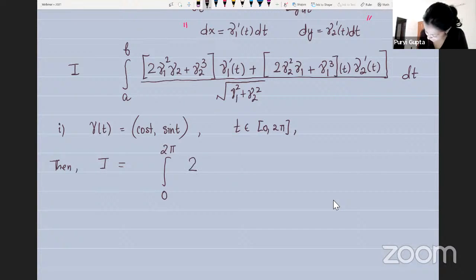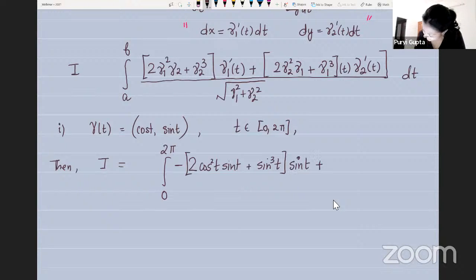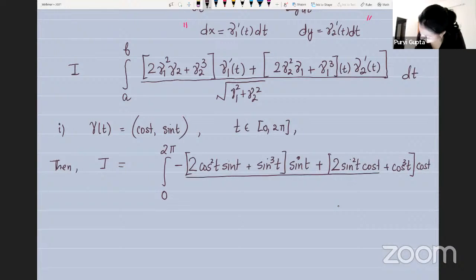So I'll get (2 cos² t sin t + sin³ t), and then the derivative of gamma 1, that gives me a minus sin t, plus here I have (2 sin² t cos t + cos³ t), and here the derivative gives me a cos t, and everything.